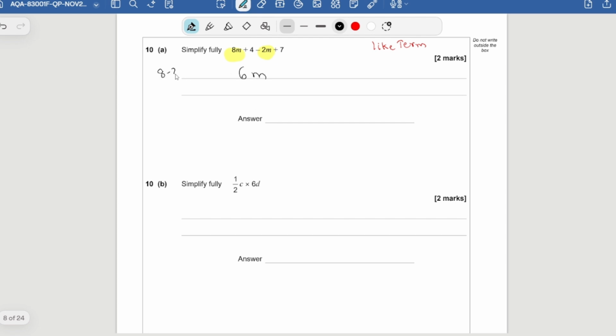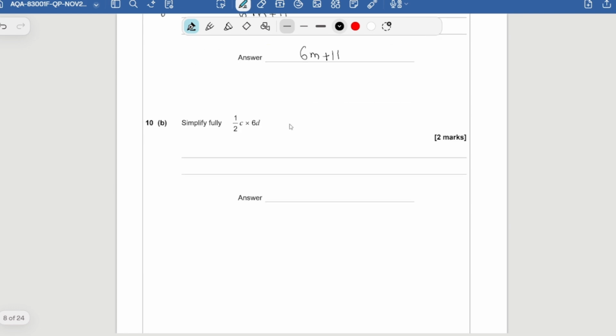So 8 minus 2 is 6. So you get 6m when you manipulate these like terms. And then 4 plus 7 is 11. So the simplest form of this expression is 6m plus 11. I cannot simplify it further because these two are not like terms.